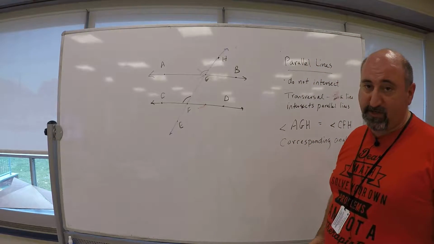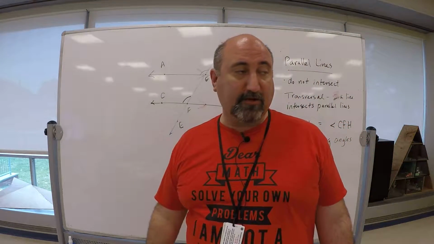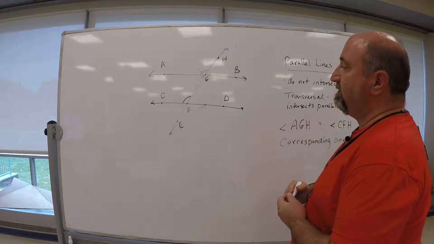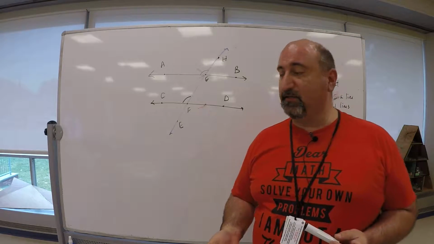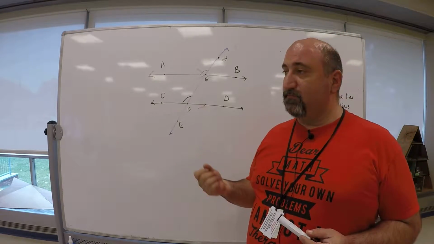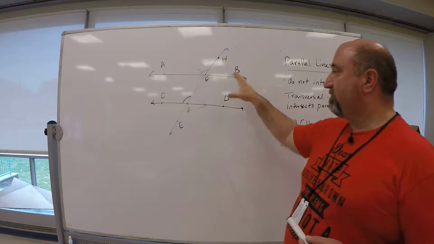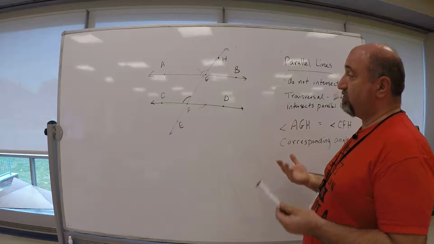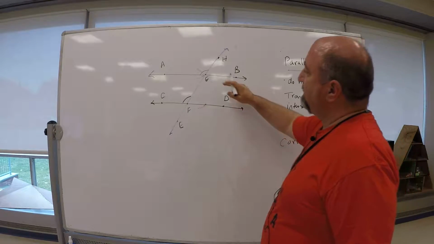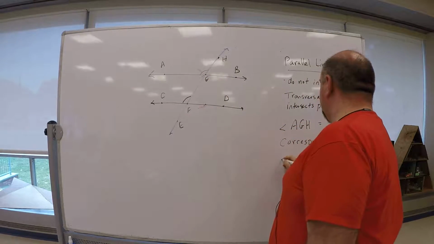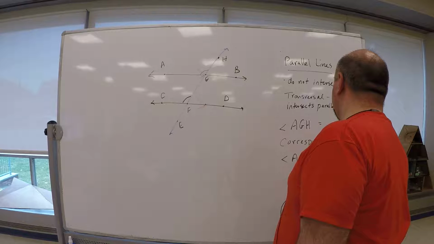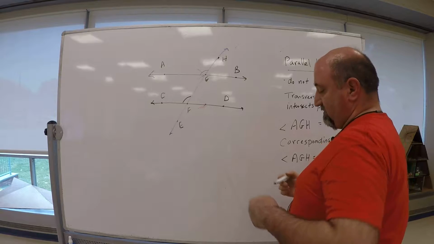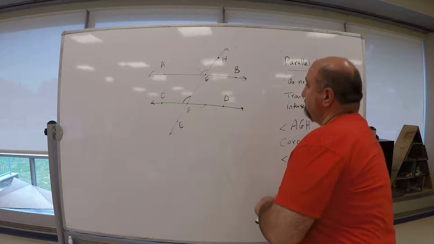Based on that information, now we can unpack a whole bunch of other information about the other angles in this picture. Because we have already, through vertical angles, linear pairs, and supplementary angles, all sorts of information that we can use to look at different pairs of angles here. So for example, we know that angle AGH is equal to angle BGF. I'll color those in red.